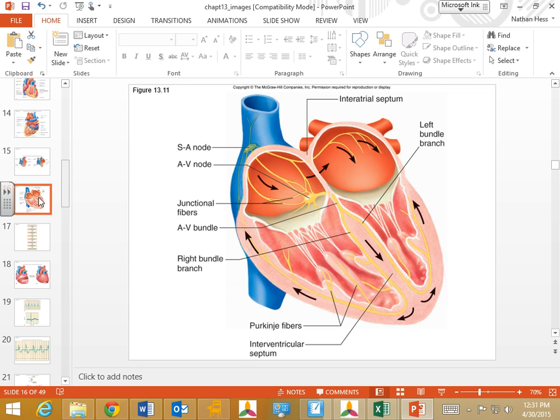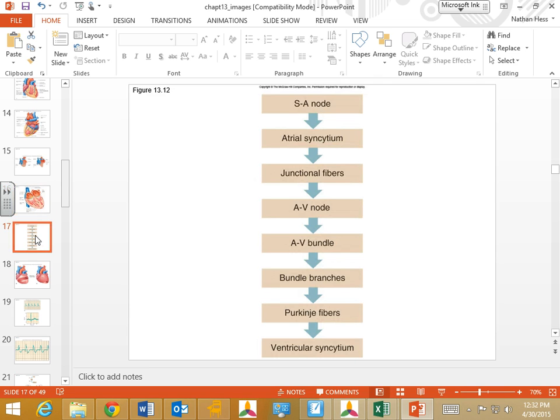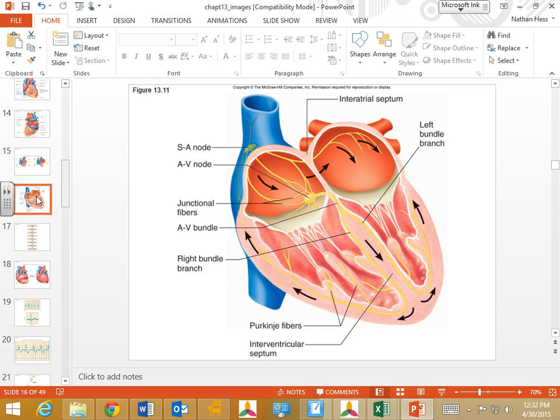Contract, right? It then goes from that SA node, from the atrium, to the AV node, the atrioventricular node. Which again, that's this piece that's right here, the AV node. So it starts in one place, it splits off, goes into the atrium, comes back together through those junctional fibers into the AV bundle.